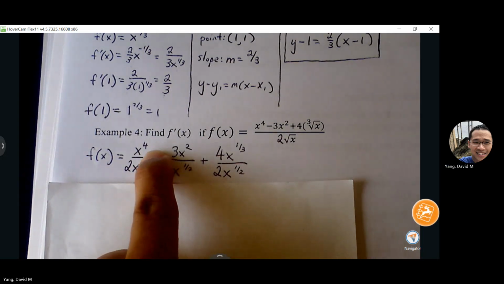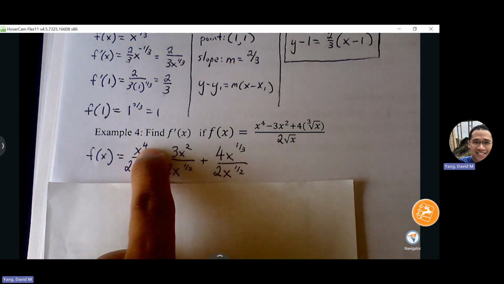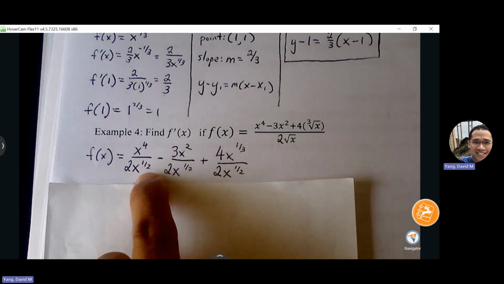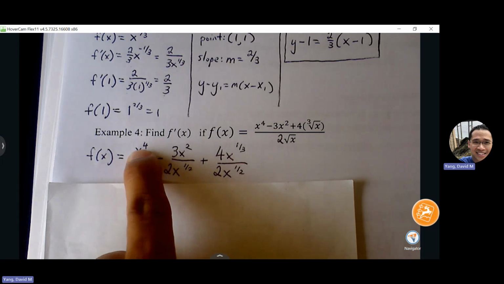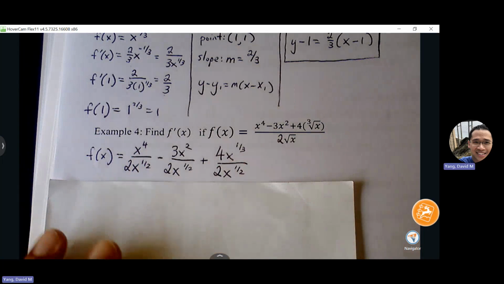X to the negative 1/2. And if I have 2 bases next to each other, I'm going to be adding their exponents. In this case, we're thinking of it as subtracting because this is going to come up as x to the negative 1/2. So 4 minus 1/2 is just going to be 8 over 2 minus 1 over 2, which is 7 over 2.